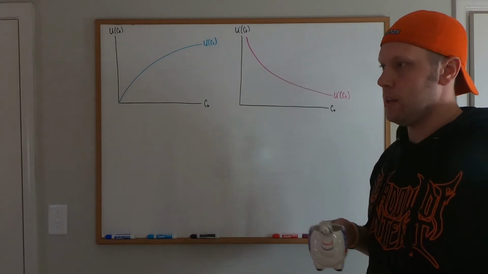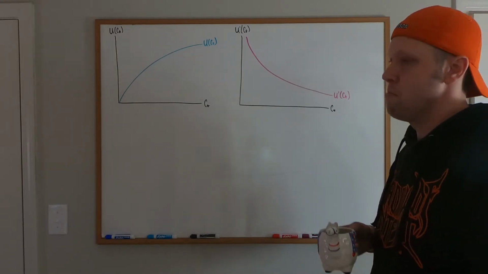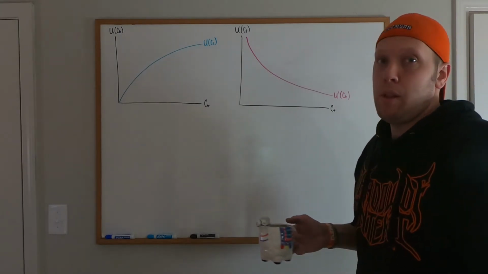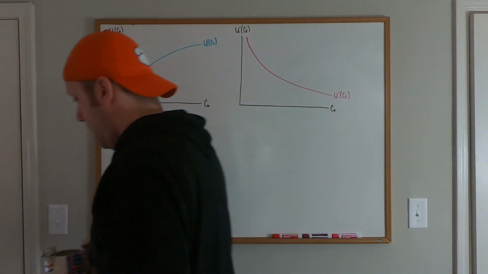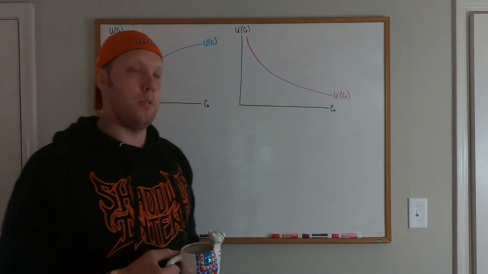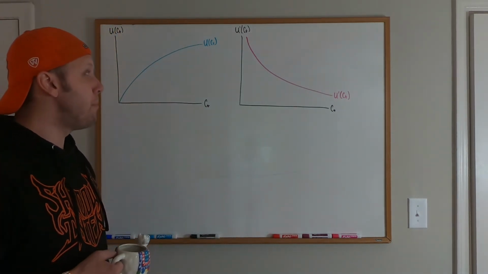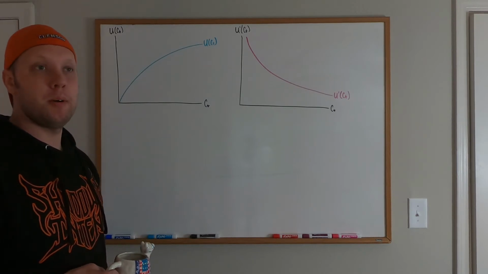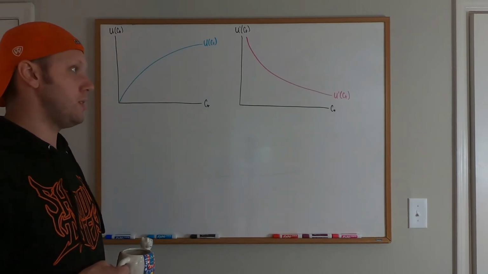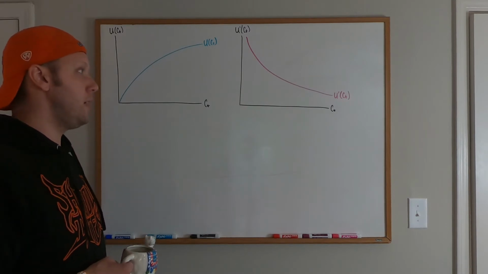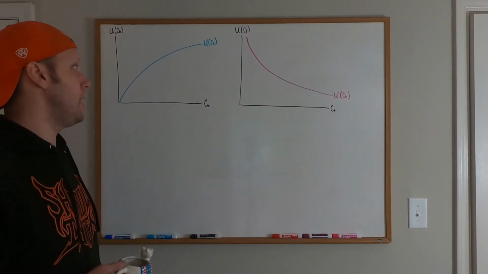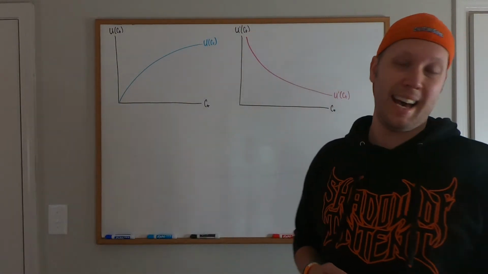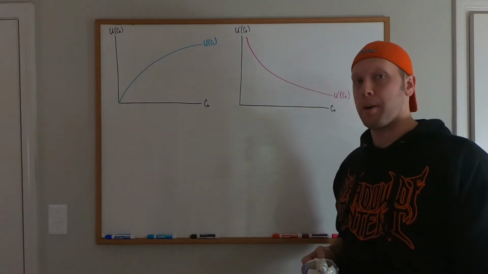Unless, of course, you're not really into the alcohol thing, in which case, a cup of coffee, a glass of water, any other outlet. One unit of that makes you a lot happier than no units of that. But what happens if you have a second beer, or a second cup of coffee, second glass of water, second Coca-Cola, second whatever your outlet is?